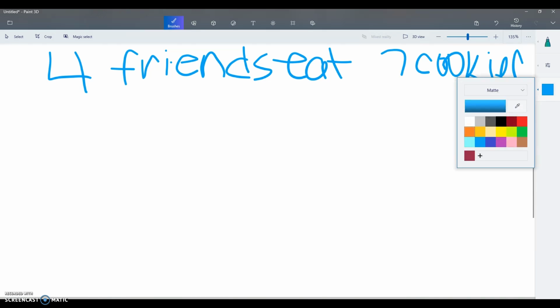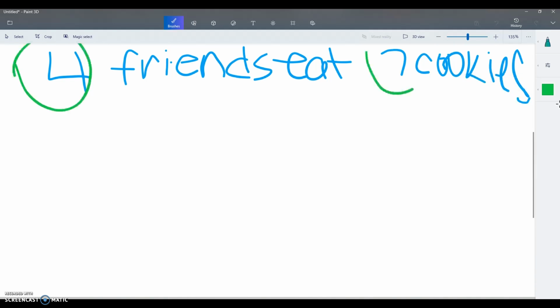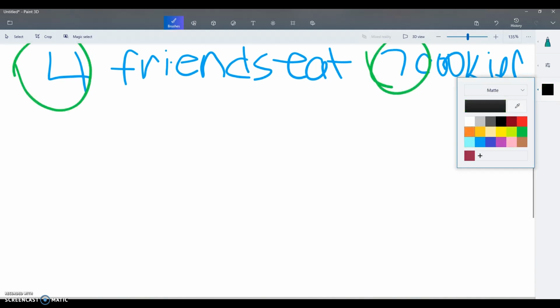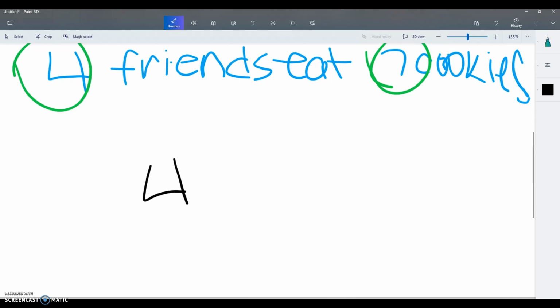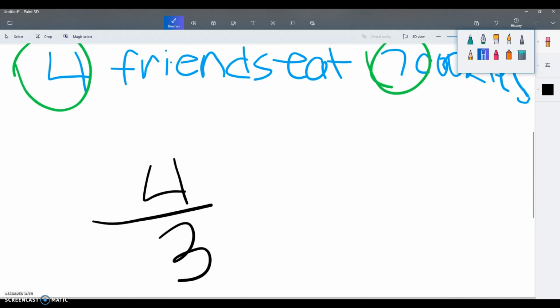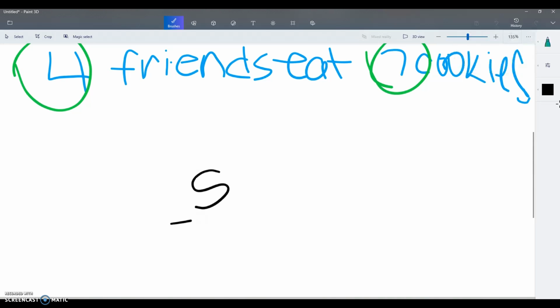We have our numbers, so one of these is going to be our numerator and one of these is going to be our denominator. So I'll show you what a numerator and a denominator is. A numerator and denominator is like 5/5.